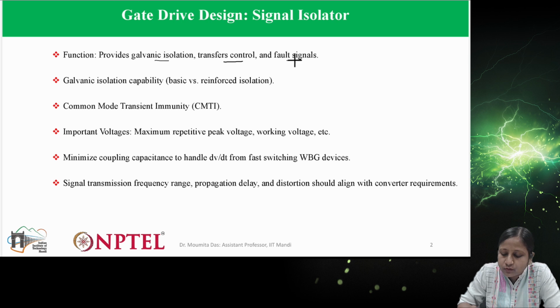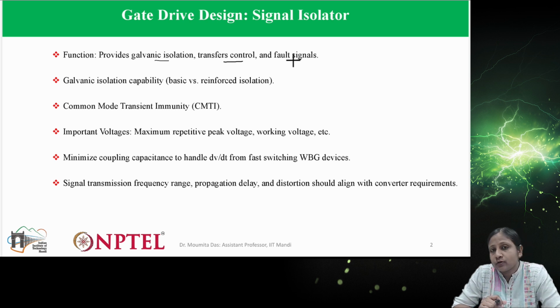If there is a fault on the microcontroller side, it will not be transferred to the power converter, and in the same way, if there is any fault on the power converter side, it will restrict the transfer of that fault to the microcontroller side. That is why we need this isolator.